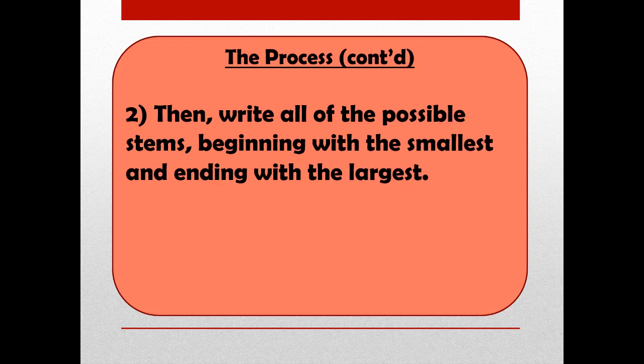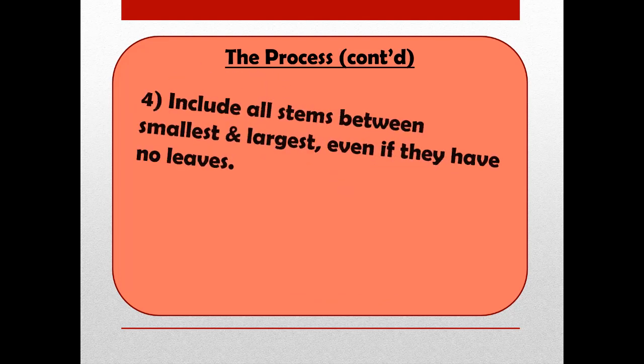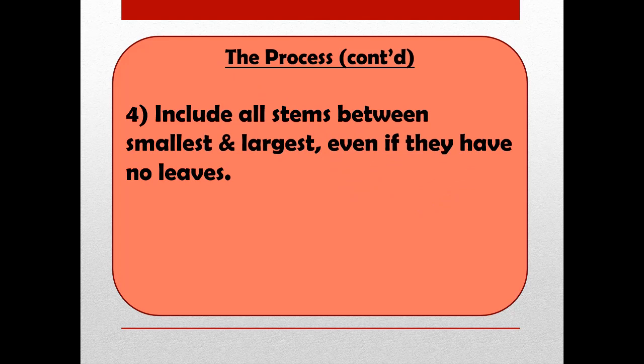Next, you're going to write all of the possible stems, beginning with the smallest and ending with the largest. You're going to arrange them vertically. You're going to include all stems between the smallest and the largest, even if they have no leaves. What does that mean? Well, if your minimum stem is 11 and your maximum stem is 24, then you're going to write all of the stems between 11 and 24.